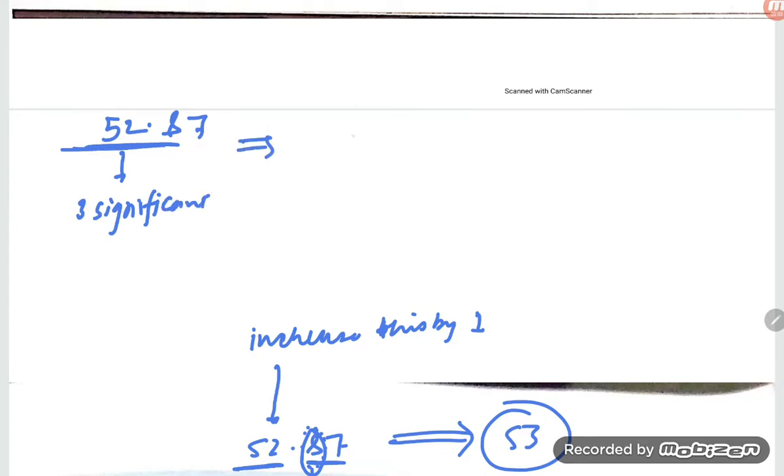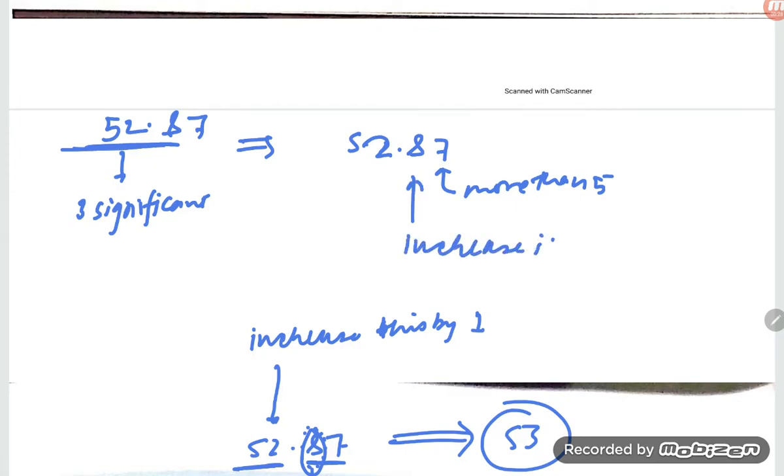There you have to check 52.87. This is more than 5. If more than 5, increase it by how much, students? Plus 1.